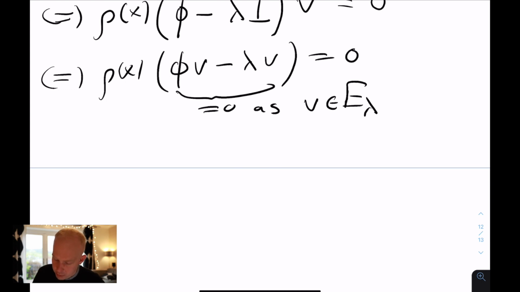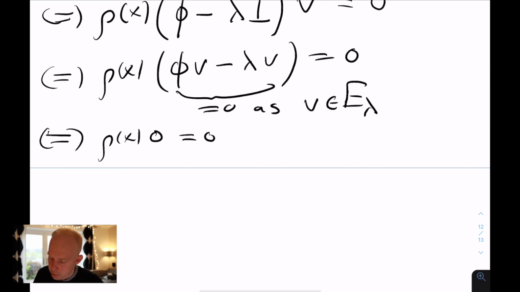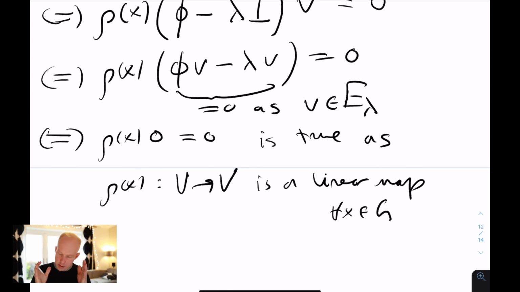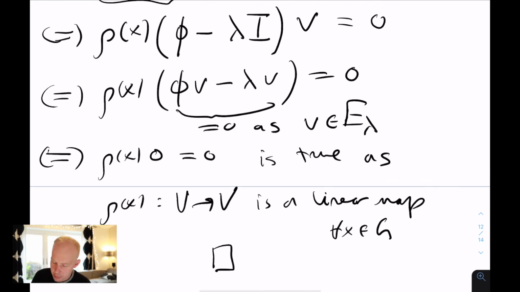So rho of X applied to 0 is equal to 0, which is fine, because rho of X from V to V is a linear map for any X in G. It maps every element into 0, since a linear map sends zero to zero. So that's why Schur's Lemma holds.